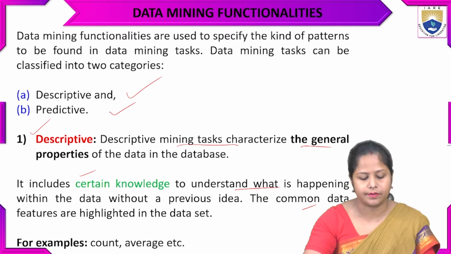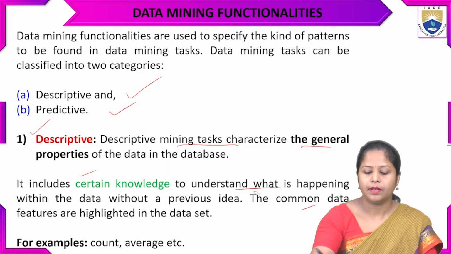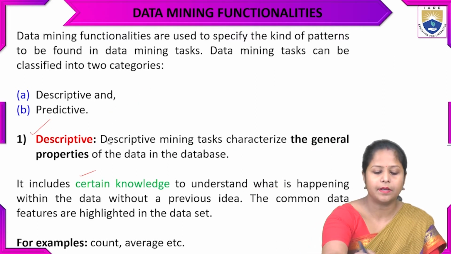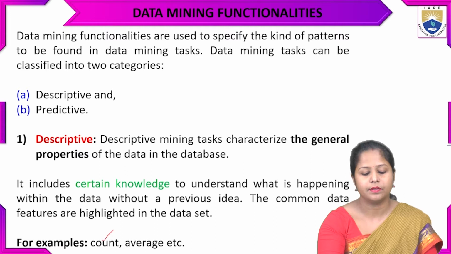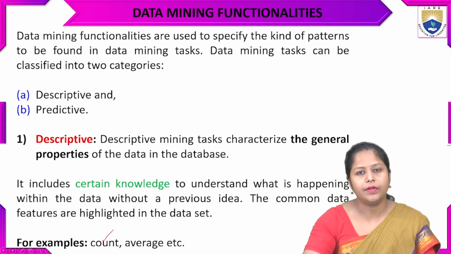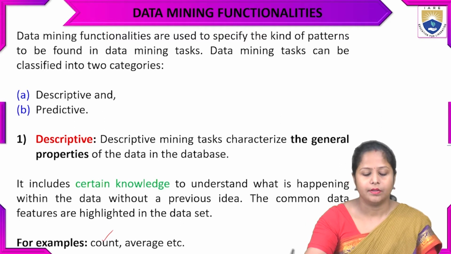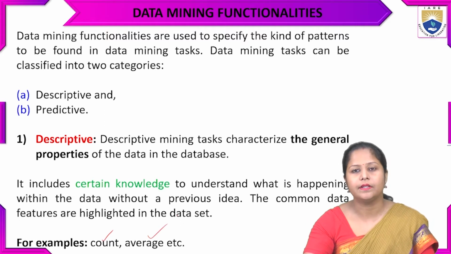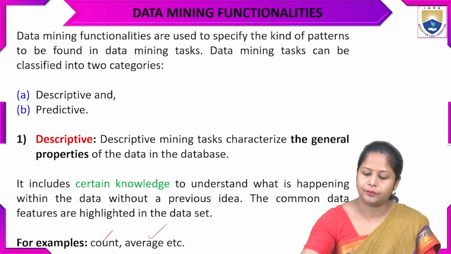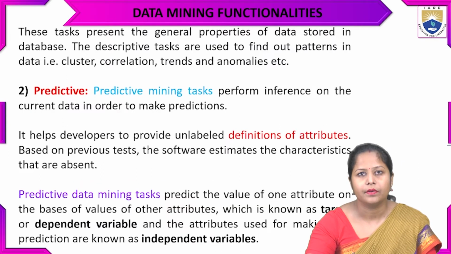For example, first is count, right? For count we gain knowledge about how many databases there are in the data warehouse, and average, right? So these are some examples of descriptive tasks.